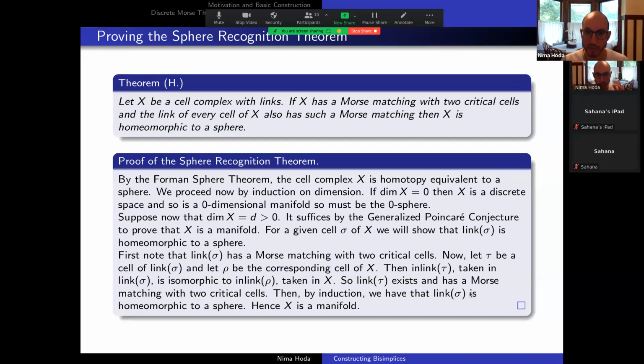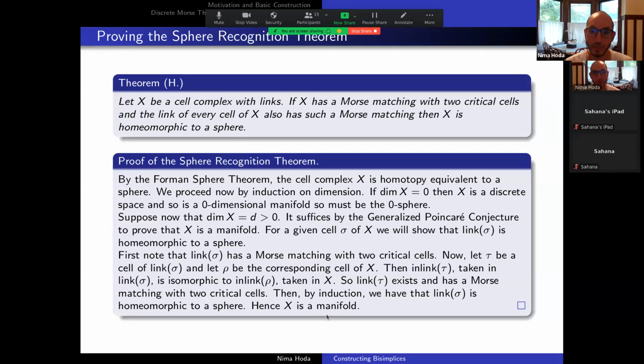So that tells us that the link of tau exists because links exist in X. And also that it has a Morse matching with two critical cells because it's isomorphic to the link of a cell of X. And so then the link of sigma satisfies all the conditions of the theorem.